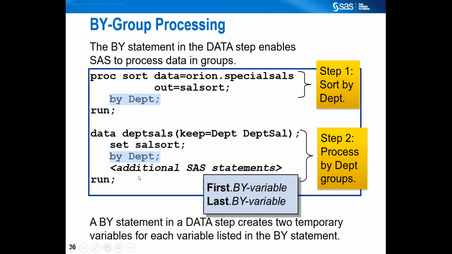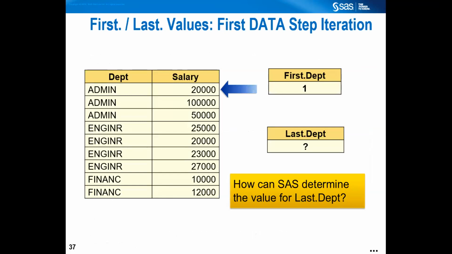All right. So what do first dot and last dot actually do? First dot and last dot always hold a flag value, that means either 0 or 1. It's a Boolean expression. When it is the first observation within the group of values, the first dot department value will be 1. For example, within this admin group of values, take this first observation.